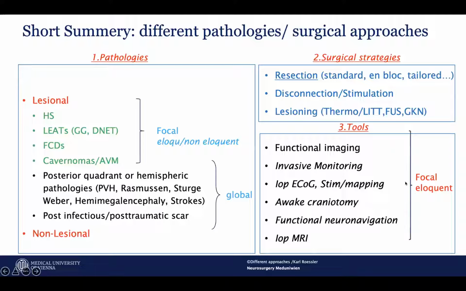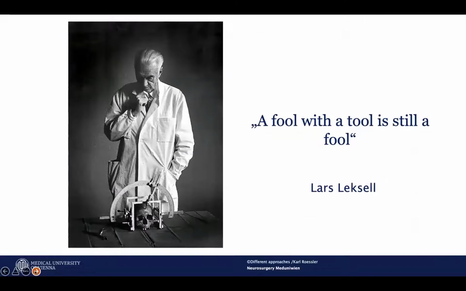And as you see, we have a number of tools: functional imaging, invasive monitoring, awake craniotomy, neuronavigation, and even intraoperative MRI. But as you suspect, tools don't necessarily make us better neurosurgeons.